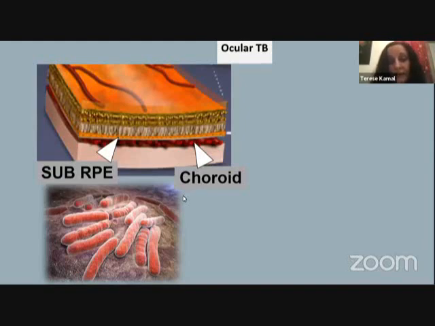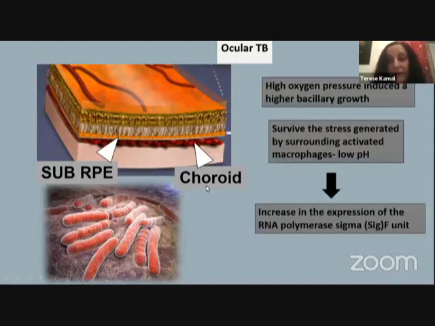They are able to replicate in areas where there's very high oxygen pressure, such as the choroid, and they can survive the stress posed by the activation of macrophages and even low pH. In these conditions, the organisms tend to replicate aggressively, and this is why ocular TB can be very aggressive and sight-threatening.